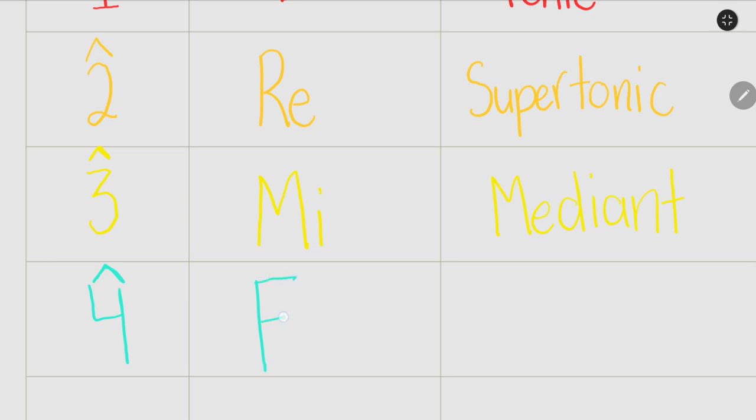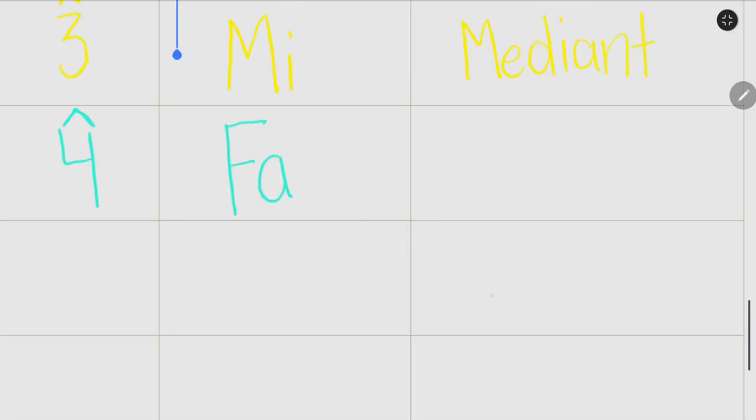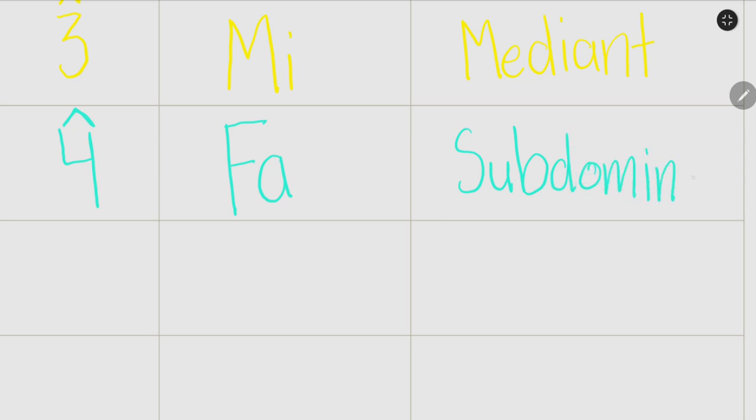And then our fourth solfege syllable is fa. And this is our subdominant.